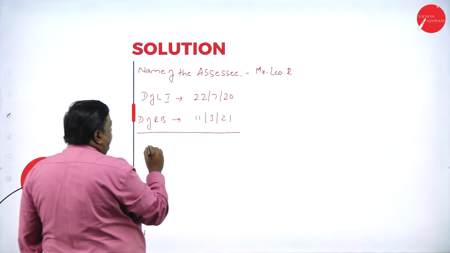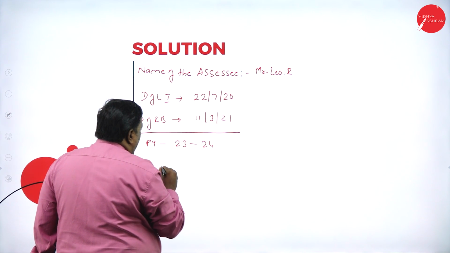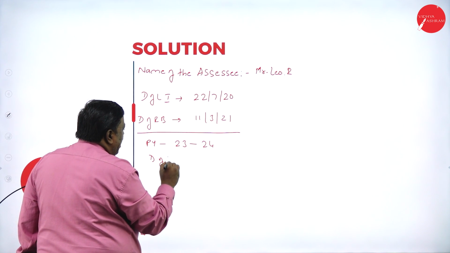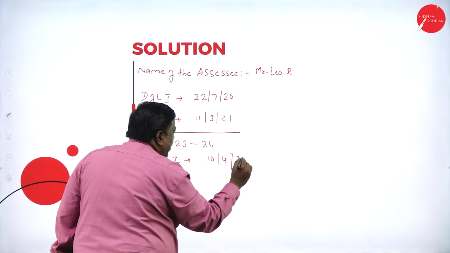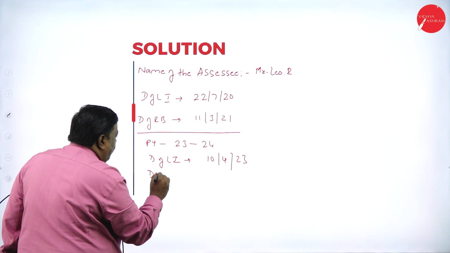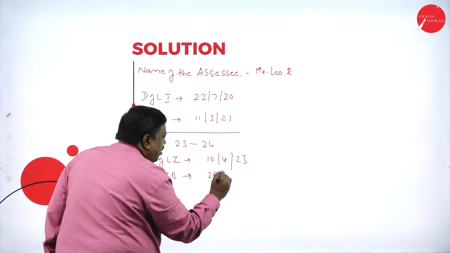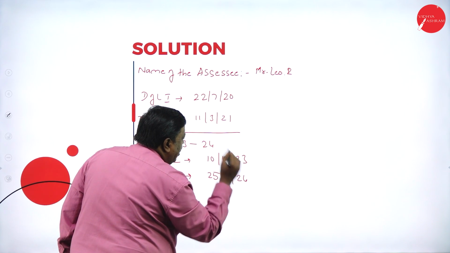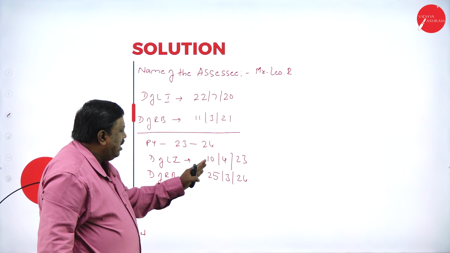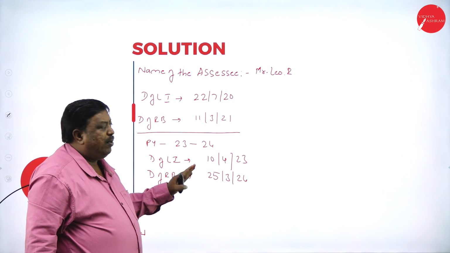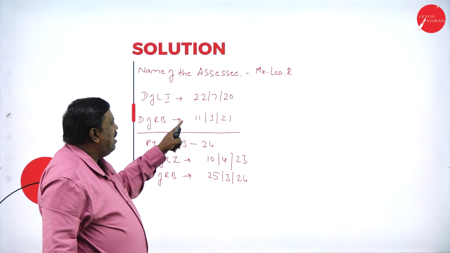Again, during previous year 2023-24, date of leaving India, 10th April 2023, date of returning back, 25th February 2024. So during previous year, I left India on 10th April and I returned back on 25th February. Before that, the first time I left India on 22nd July and I returned back on 11th March.